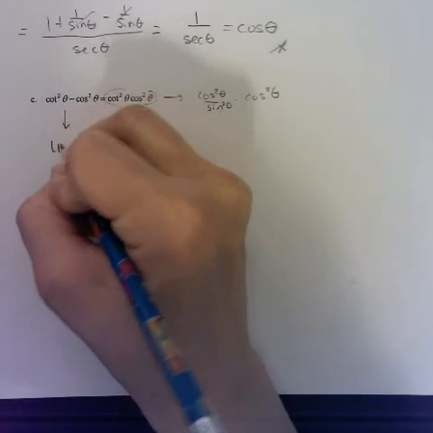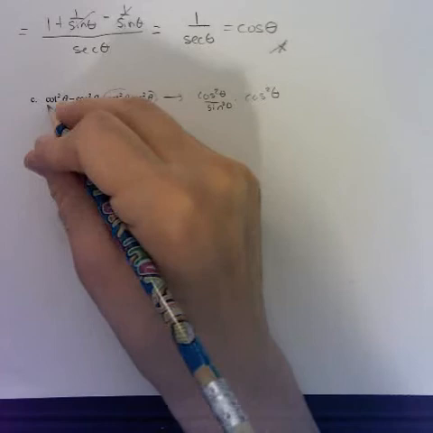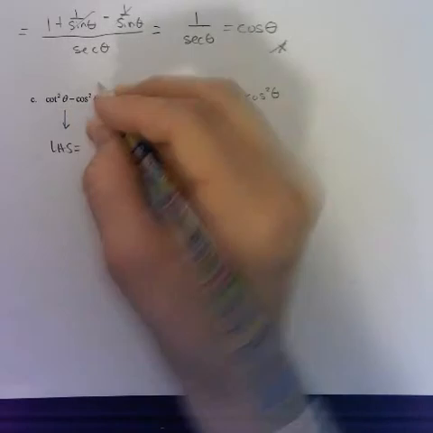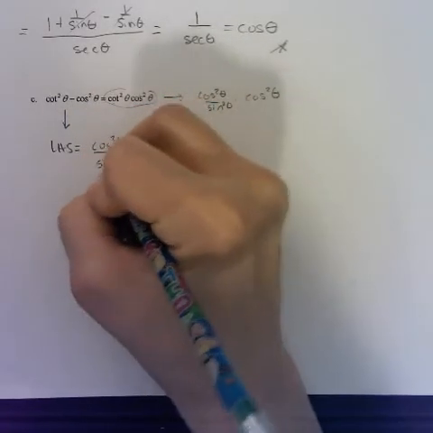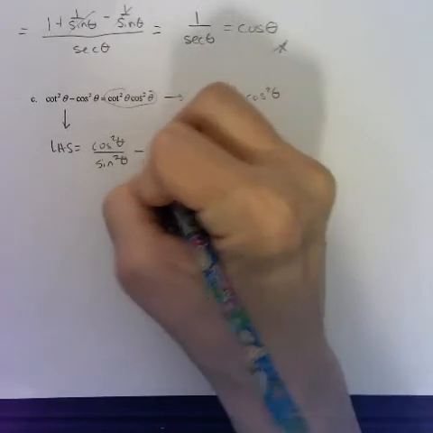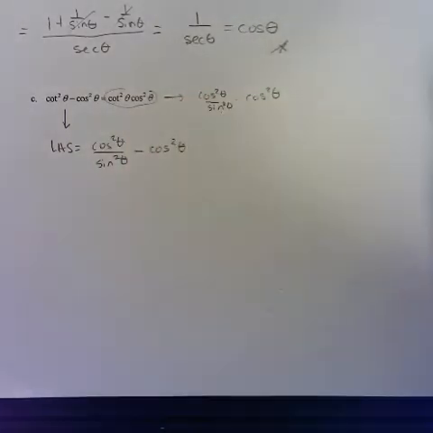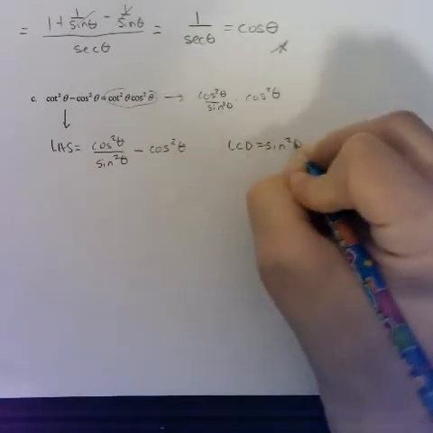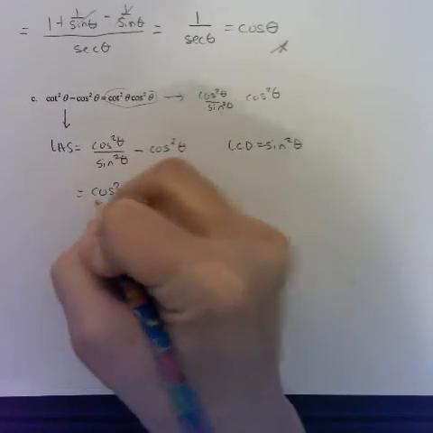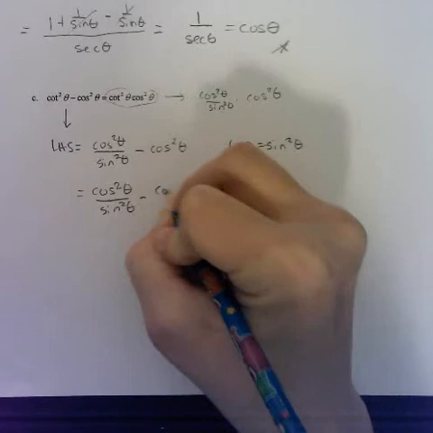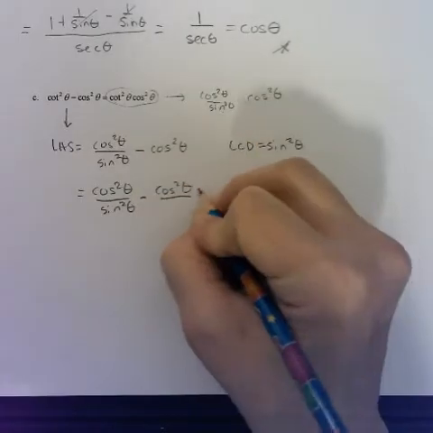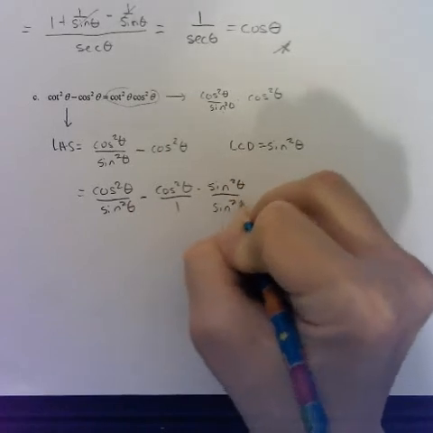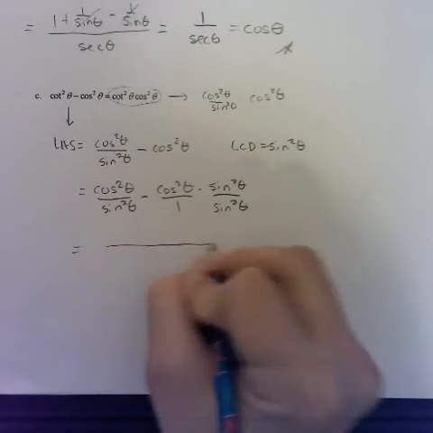So on the left-hand side, I'm going to rewrite that in terms of sines and cosines as well. So cotangent squared theta is cosine squared theta over sine squared theta minus cosine squared theta. The lowest common denominator there is, of course, sine squared theta. So I'm going to use that, and then write that as one fraction with the denominator sine squared theta.